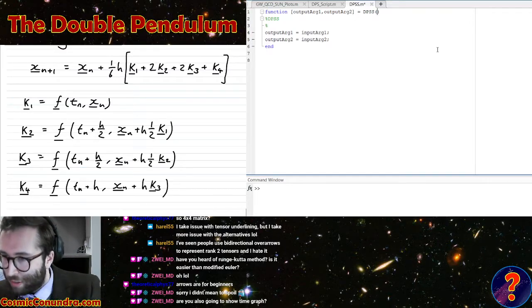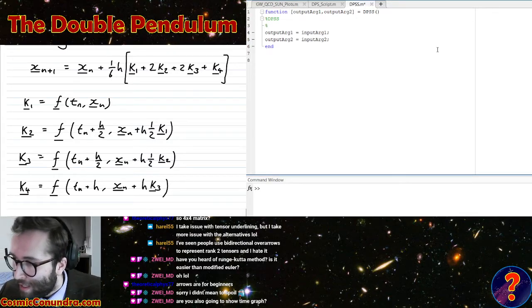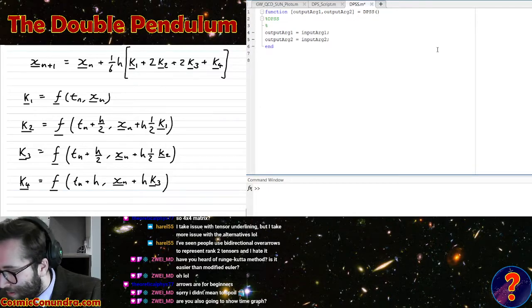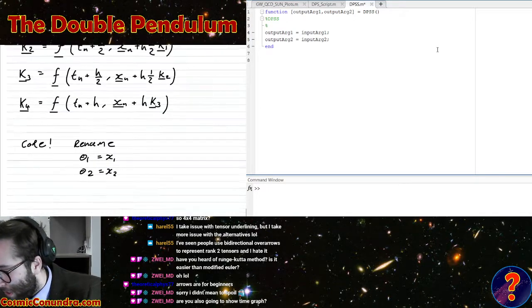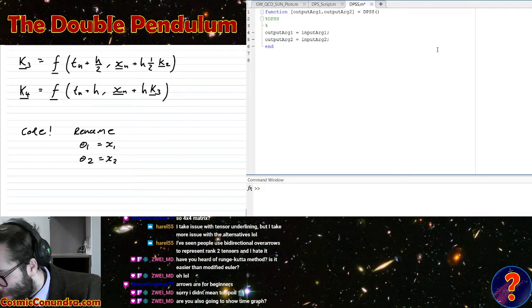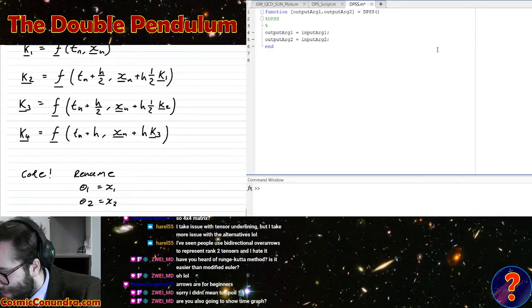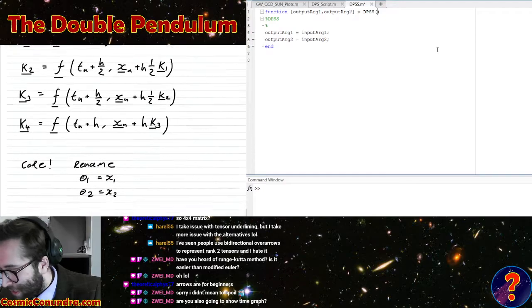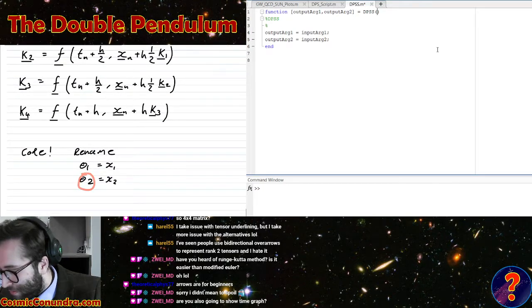As a piece of notational change, because it's going to be quite hard to type theta into the computer, I'm going to call... Ah, there we go, I already wrote it down. That was clever. So I'm going to rename theta1 as x1, not to be confused with x underline 1, which is a vector. I'm going to call theta2 x2.